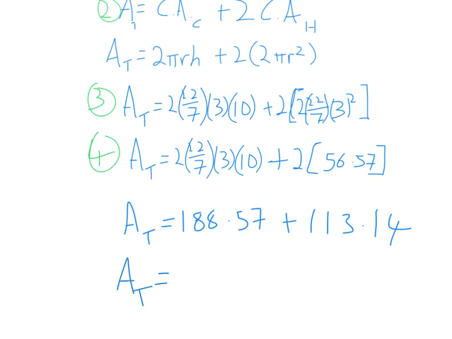This gives us a total outside area of 231.71. Now we have to be careful again not to forget our units. Our units here were centimeters to begin with, and we know that for area it's squared. So we're going to get 231.71 centimeters squared. And that's our final answer.